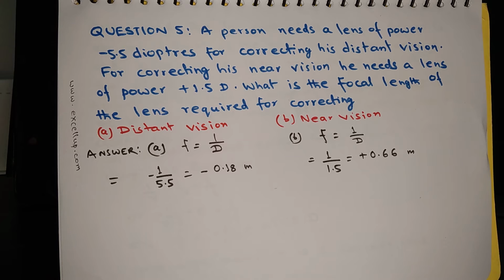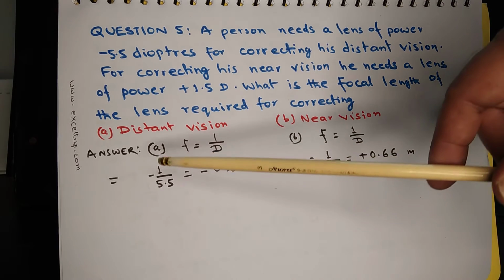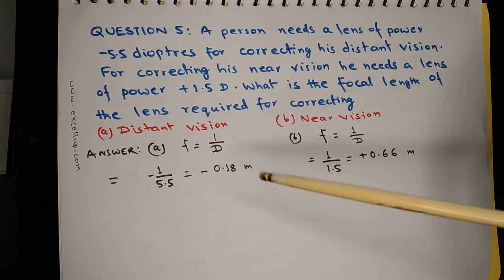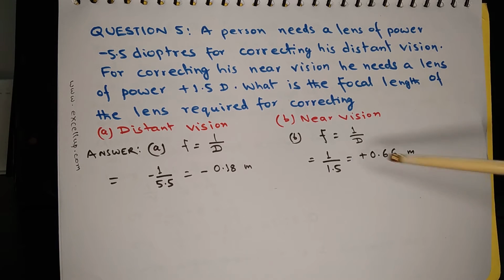What is the focal length of the lens required for correcting distant vision and for near vision? This question can be solved by using the formula f = 1/P. So for distant vision it is minus 1/5.5 = minus 0.18 meter, and for near vision it is 1/1.5 = plus 0.66 meter.